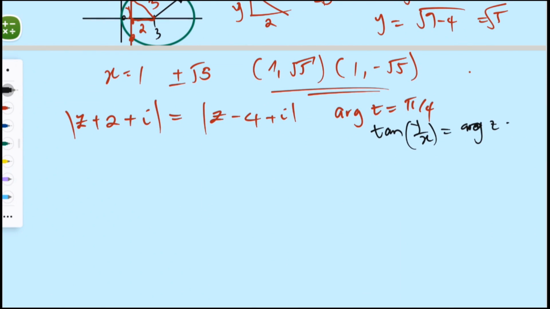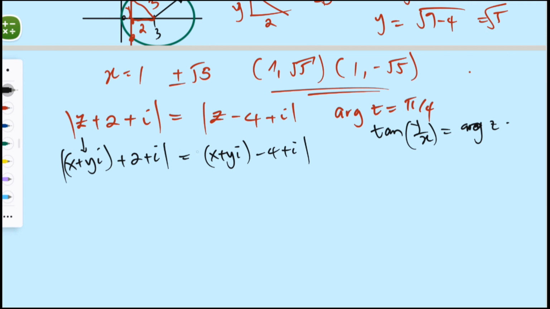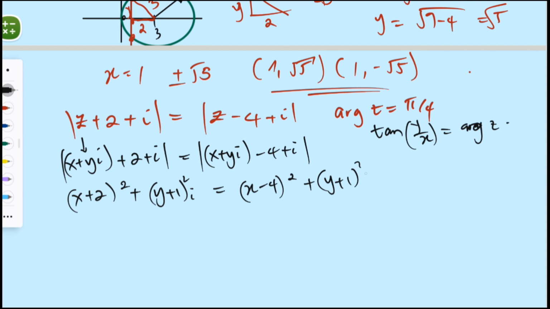Okay, so as always, our z is x plus yi, plus 2 plus i, minus 4 plus i, absolute value. So we're going to have x plus 2 squared on this side plus y plus 1 squared on the other side equal to x minus 4 squared plus y plus 1 squared.